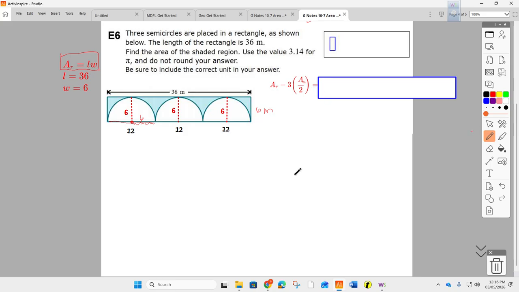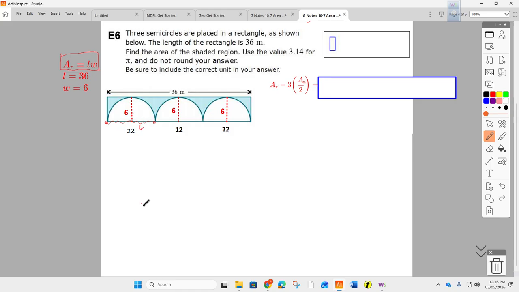The width? Oh, here? Erase this. What they gave us, and I filled in the other 6, what they gave us is this length here. They told us that each of these, basically the diameter of the semicircle, is 12. So if the diameter of the semicircle is 12, then the radius of the semicircle is 6.